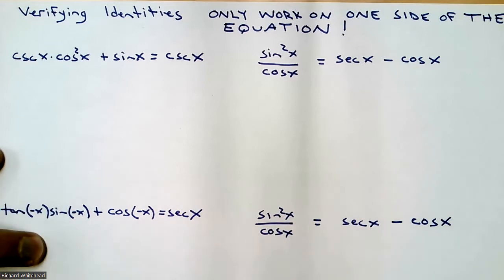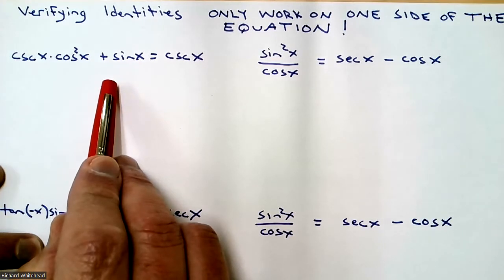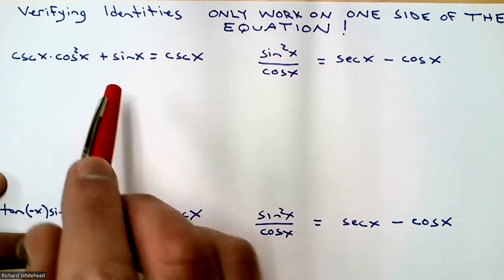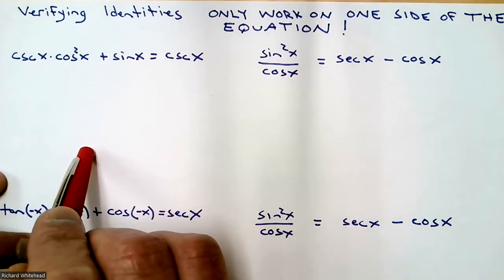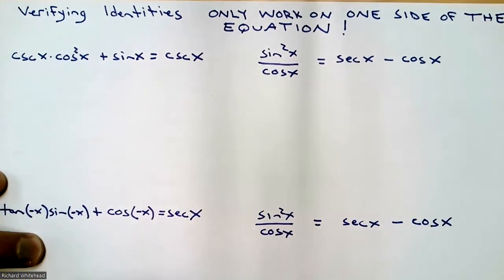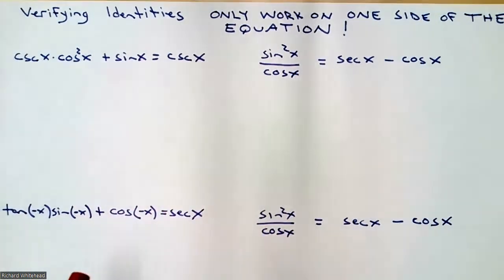So when it comes to grading these, I'm grading your work. And it's not like proofs in geometry where you have to write the reasons for what you're doing. You just show that you know what you're doing.